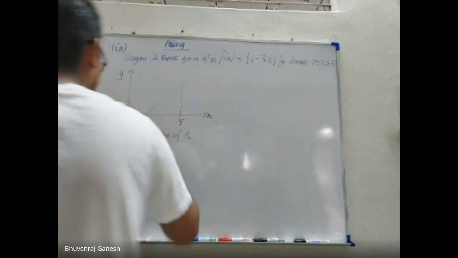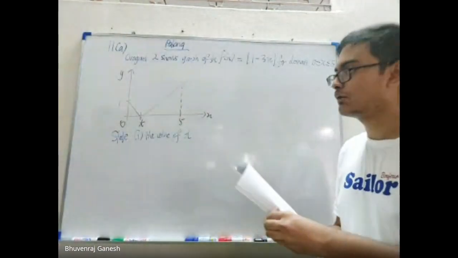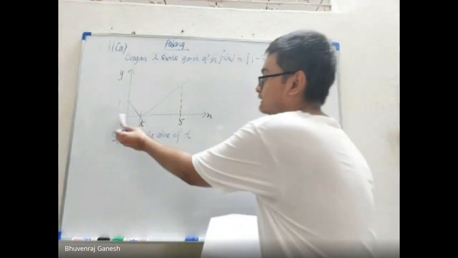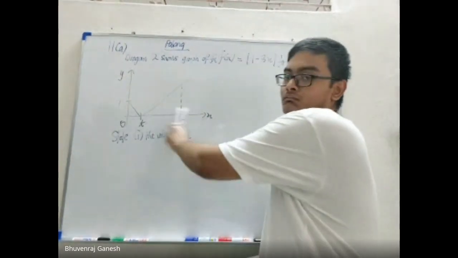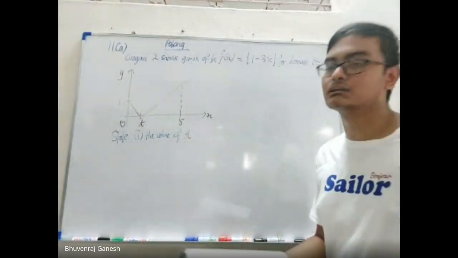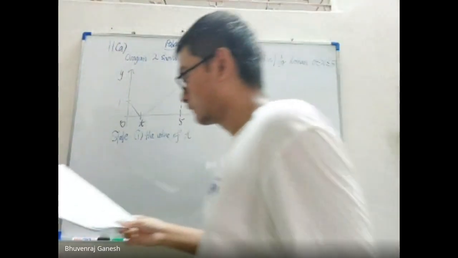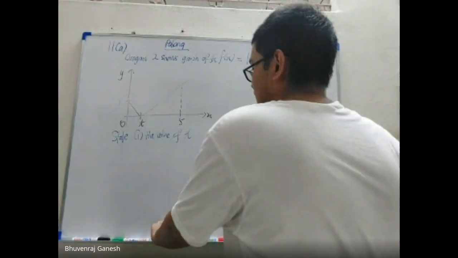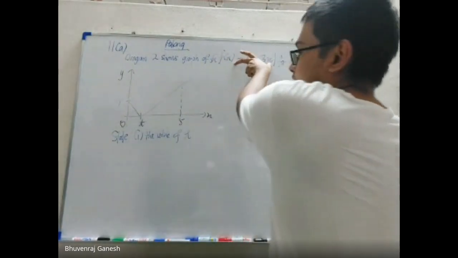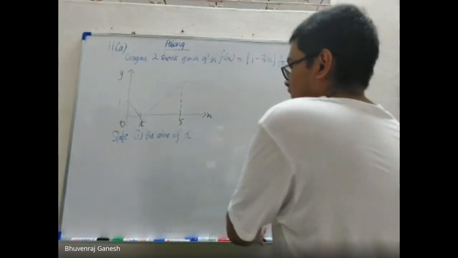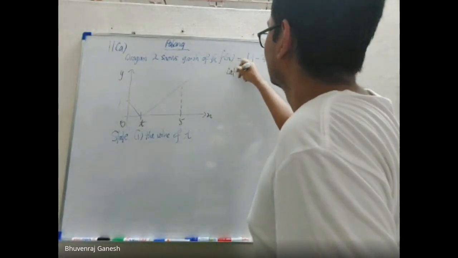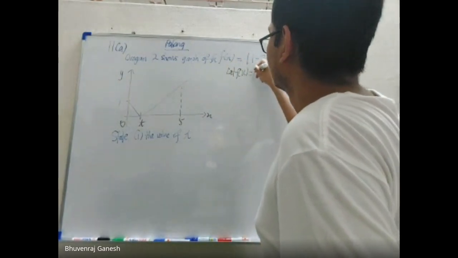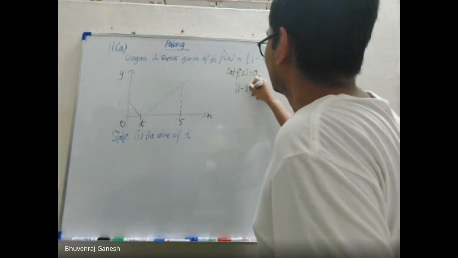So you should realize T is located on the point where the y coordinate is 0. Because this line, which is the x-axis, shows y equals 0. The equation of this line is y is 0. So how you find T is you substitute your f(x) with 0. Because this point lies on the graph of this equation. So you will say let f(x) is 0. So modulus 1 minus 3x is 0.